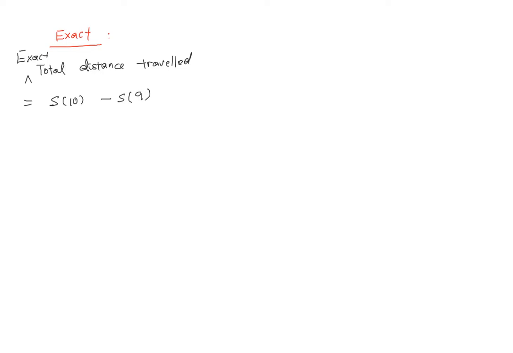So my S10, according to the formula, is 6 times 10 minus 25 ln 11, okay, take away 9 times 6 times 9 minus 25 ln 10.